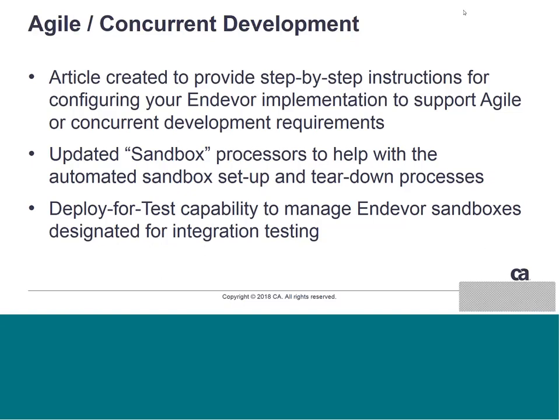We make use of sandboxes and other processes that work out very well and are proven, and our implementation has a short life cycle, pretty much dev, QA, prod, which allows us to publish features and fixes very quickly as opposed to going through a longer life cycle. If you're interested in that, we have all of this documented in our DocOps documentation as configuring Endevor for concurrent development in Agile. It explains naming conventions and other things to take into consideration.